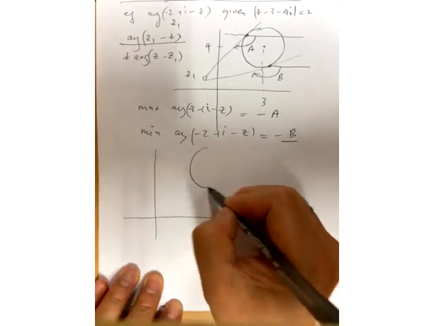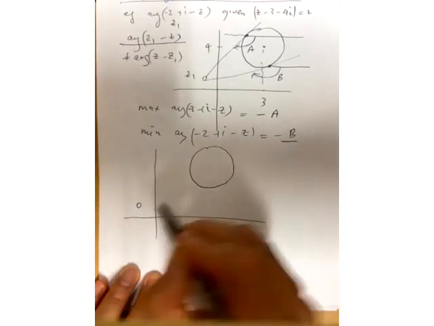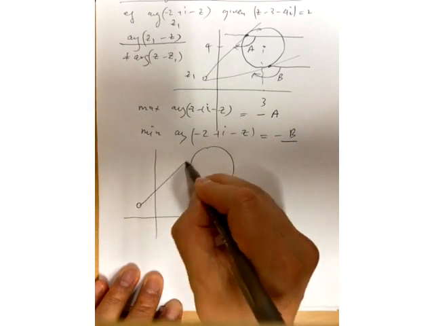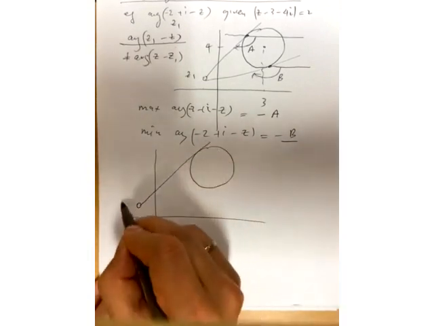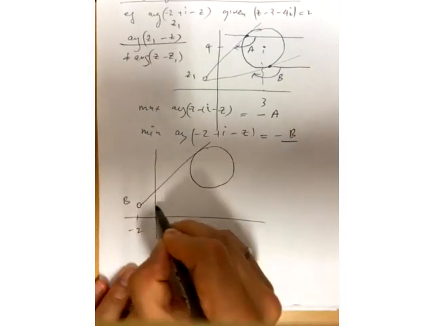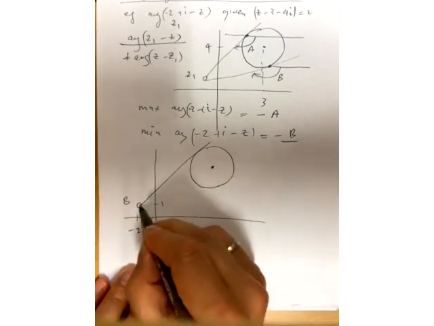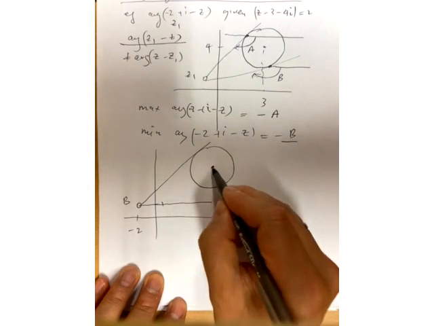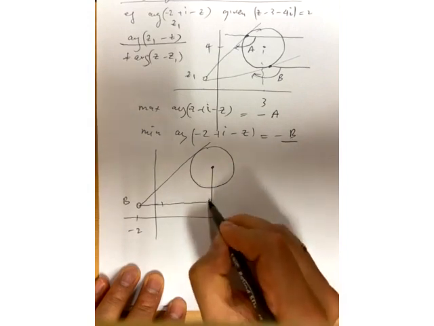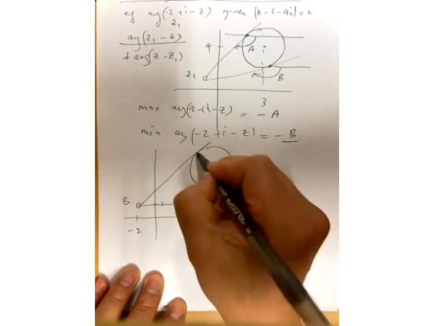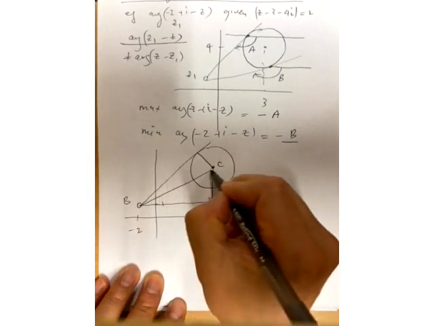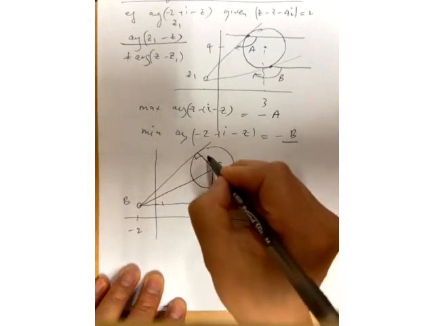So there's my circle. There's my point Z1. This point B, by the way, is minus 2 and 1. There's the center. Then you take this straight across to here, take that straight down. There's point D, there's point C. That's 90 degrees, that's 90 degrees. That was 2.